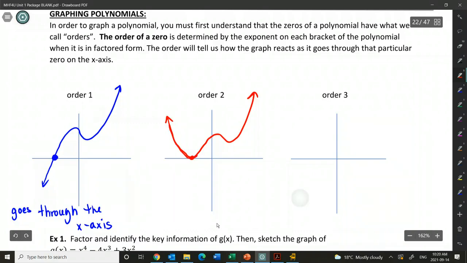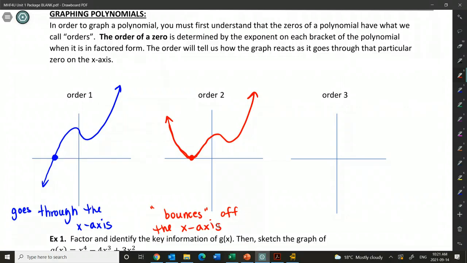So this is an order 2 zero. So it bounces off the x-axis. Okay, so it still crosses through at that one point, still hits that one point, but it doesn't cross to the other side.